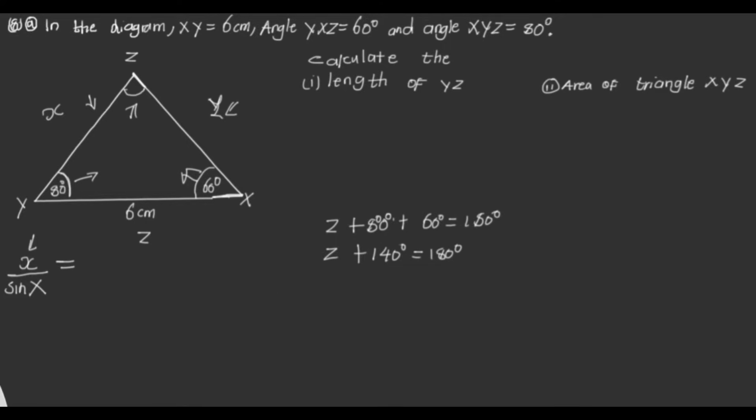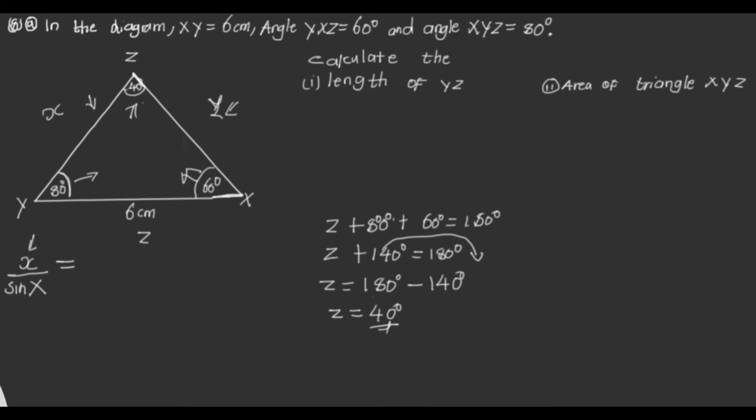So we can now collect the like terms. The 140 will shift to the right side, and since on the left side it is positive, the sign will change from positive to negative. So z is equal to 180 minus 140, which gives 40 degrees. So the angle for z is 40 degrees.